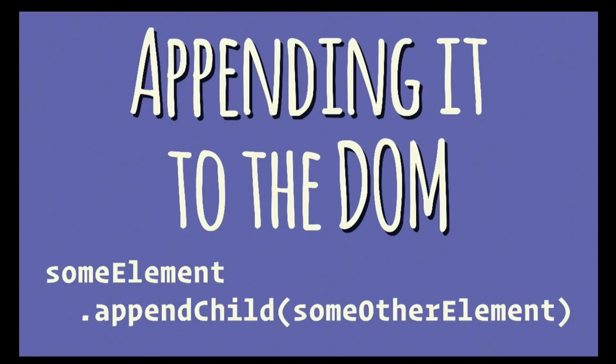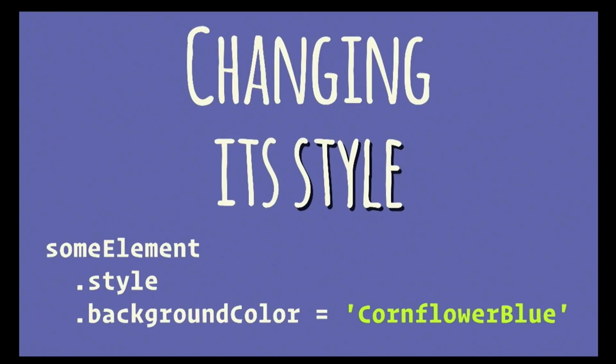Then, if you're very fancy, like several of our students, you can make it look different. How do you make it look different? Supposing you have it as a JavaScript object, DOM elements, when you have them as objects, have a property called style. So some element .style, and then whatever CSS property you want to change.